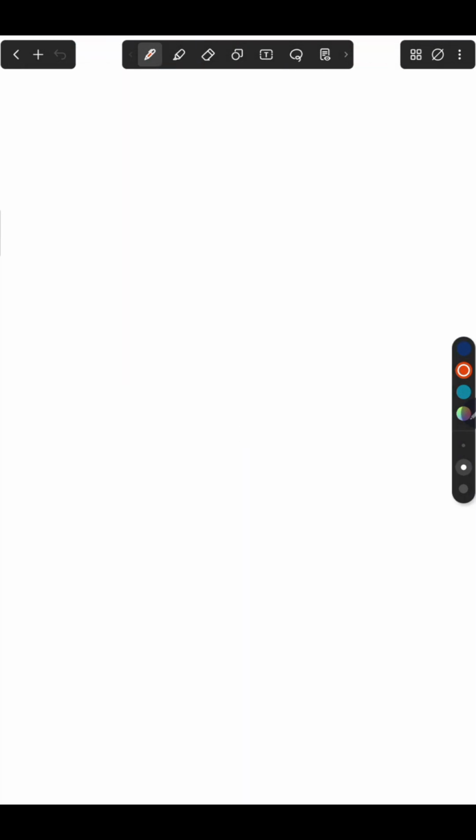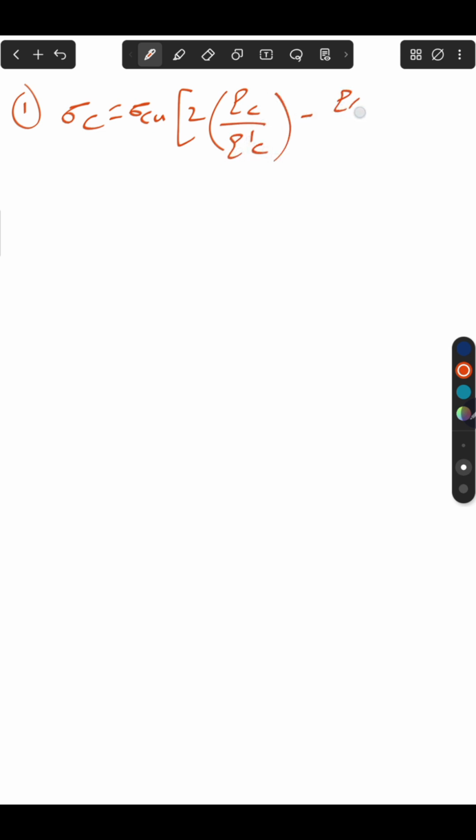The first formula we need most is sigma c equals sigma cu times (2 epsilon c by epsilon dash c minus epsilon c by epsilon dash c whole square).